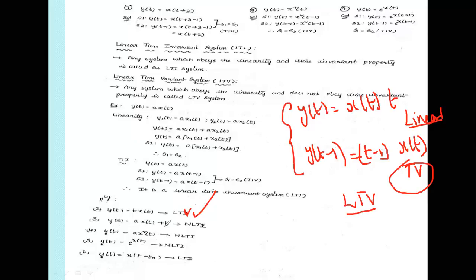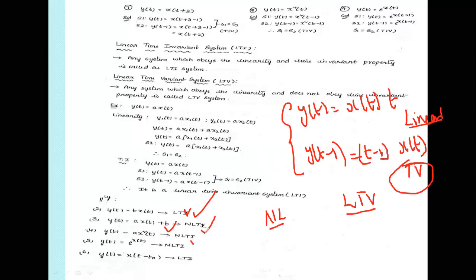Next, a into x of t plus b is a non-linear system, but it is time invariant. So we don't call it a linear time invariant system; it is a non-linear time invariant system. This is also the case for a into x square of t: the x square of t function is non-linear, but it is time invariant.